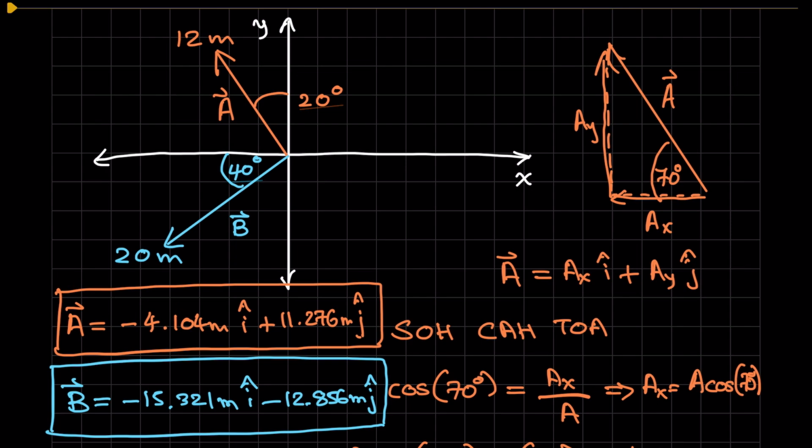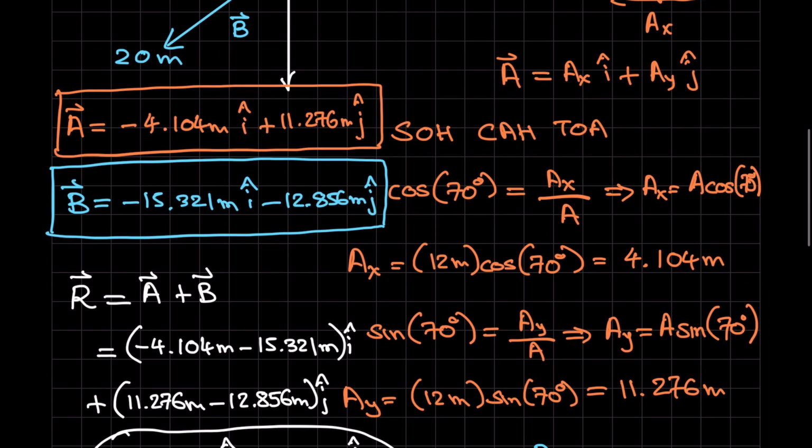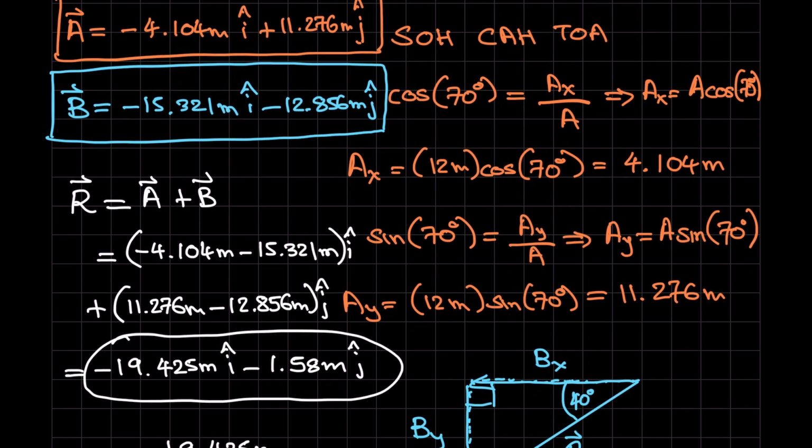The advantage is that once you have more than two vectors, 3, 4, 100, imagine trying to do 100 vector additions graphically. It would take a long period of time. So this is much better. If you break up the vectors into x and y, or i hat and j hat components, it makes it much more straightforward. All you have to do is add the x components together and the y components together, and that gives you the addition of A plus B.